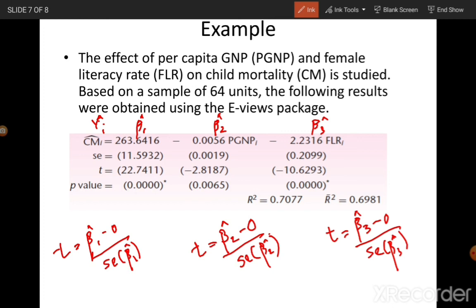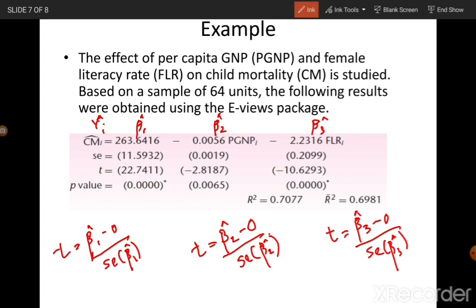Finally, having a look at beta 3 hat, its p-value is 0.0000. So it's a very small value, and your chosen alpha level, if it is 5%, again 0.05, is much greater than the p-value. So at 5% level of significance, the null hypothesis cannot be accepted.